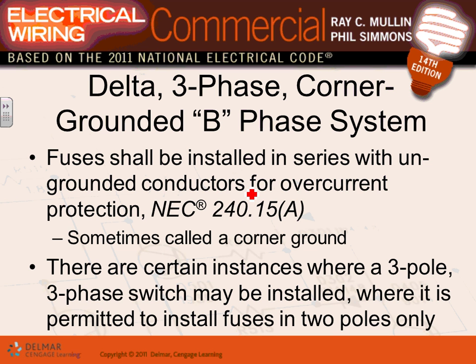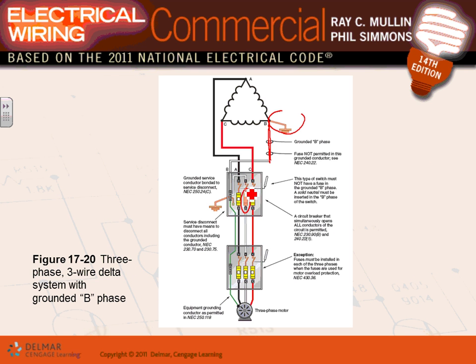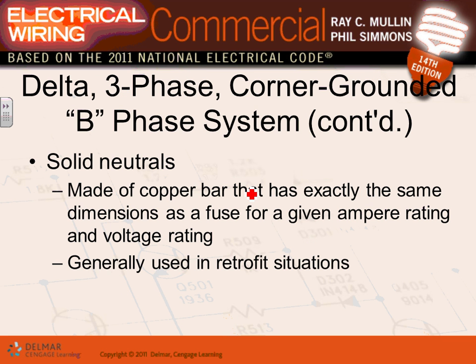You're not allowed to put a fuse there, so you have to put the neutral copper bar instead of the fuse in a grounded phase delta. There you go. They call it solid neutral. That's the term I was looking for. They call it solid neutral.